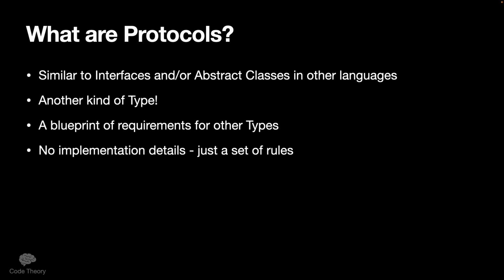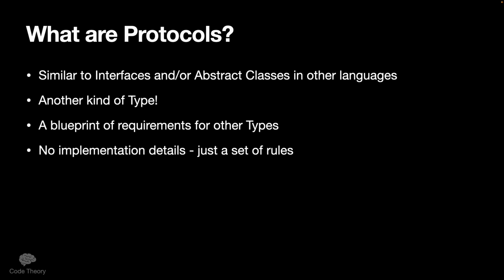Types, if you'll recall, are a blueprint of how to store something in memory. And protocols are a blueprint of how to write a type. So a blueprint of a blueprint, if you will.